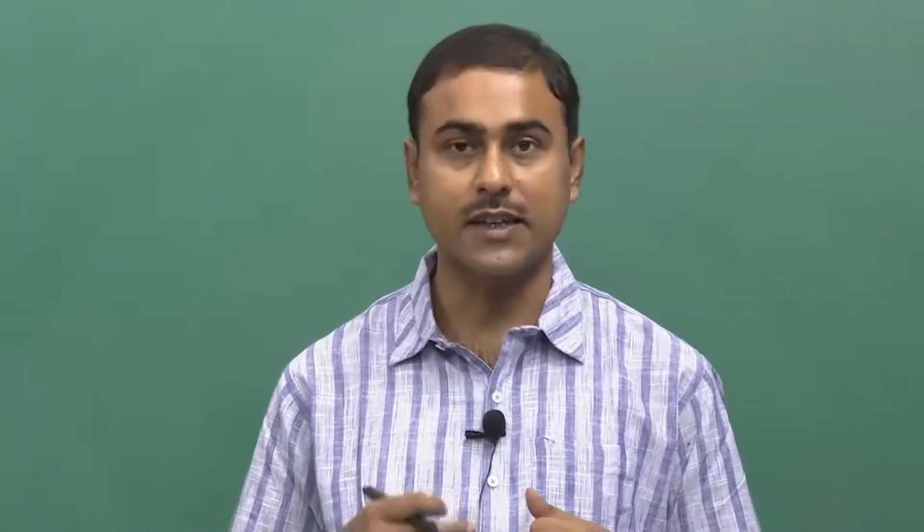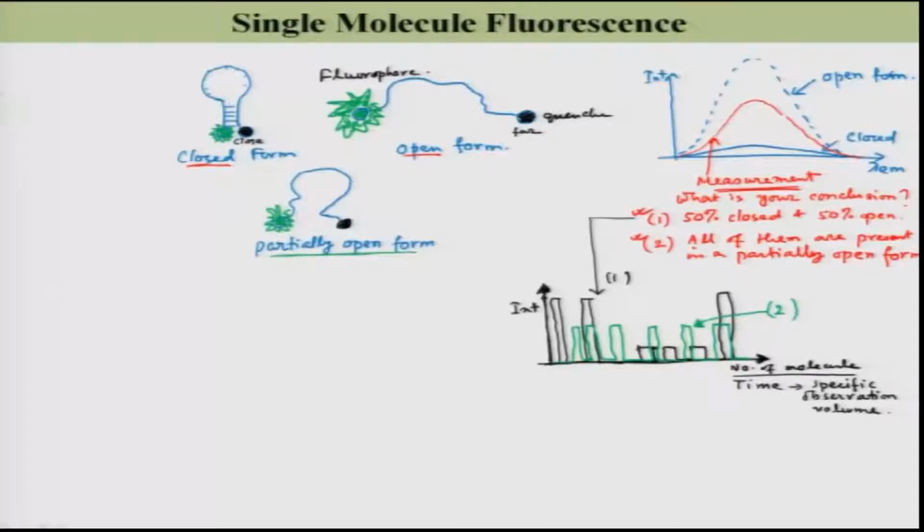What I want to say is that the conformational fluctuation dynamics may also change the fluorescence property of such a molecule. For example, because of this conformational fluctuation, this quencher will come a little close or far from this original position. When this quencher comes to this position, quenching will be more. When it goes here, then quenching will be less.